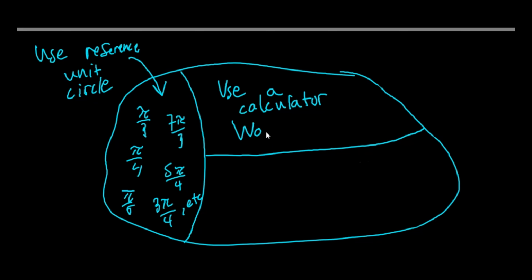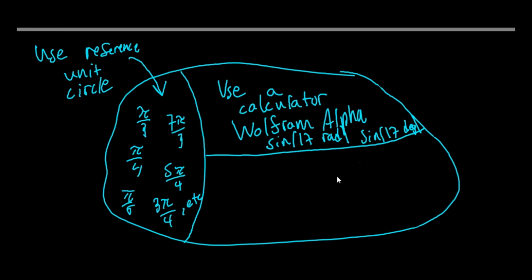One nice calculator to use is Wolfram Alpha, an online calculator that's free. You just search Wolfram Alpha in Google, go to the Wolfram Alpha page, and you can type in, for instance, sine of 17 rad if you want the sine of 17 radians, and sine of 17 DEG if you want the sine of 17 degrees.